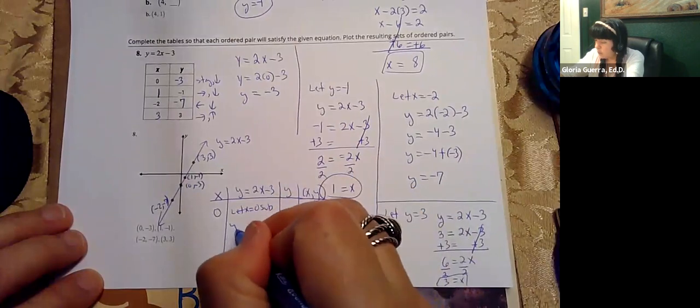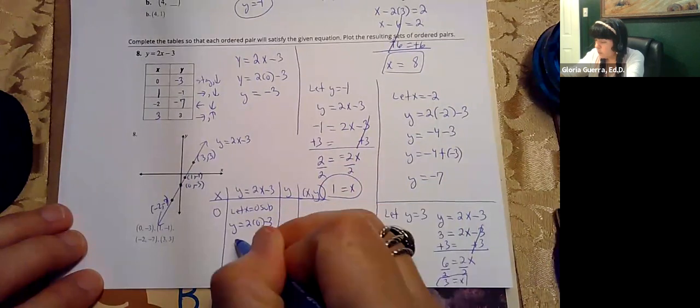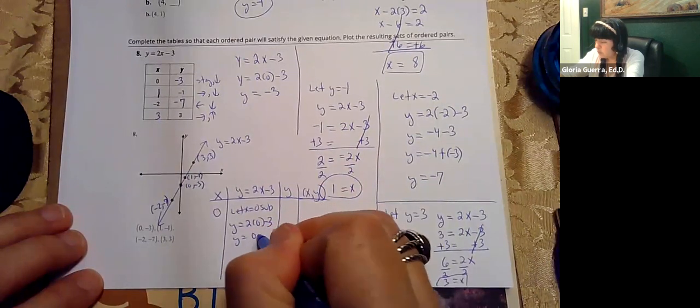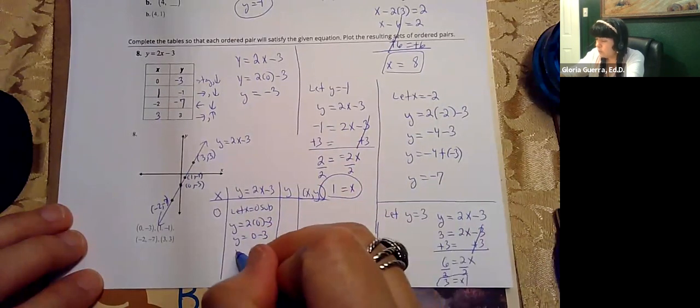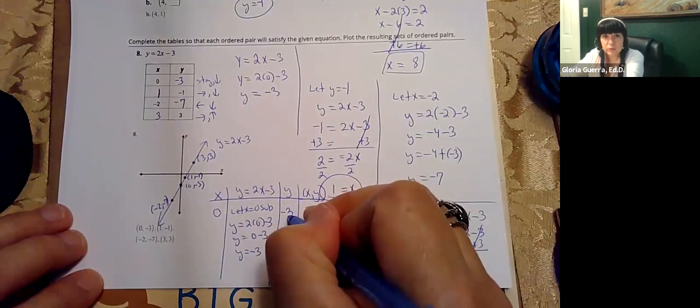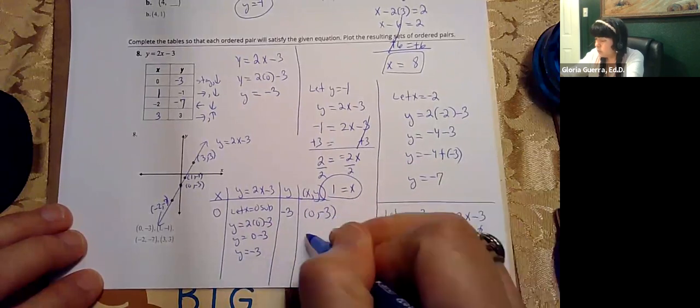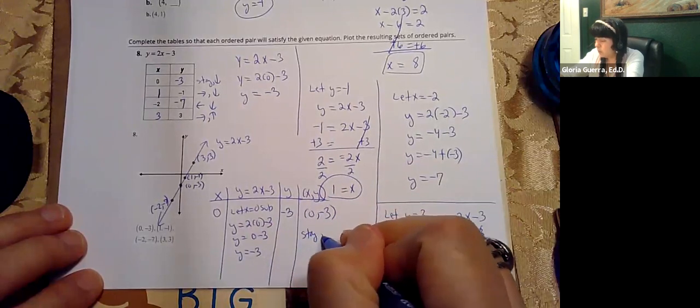So y equals 2 times 0 minus 3. Anything times 0 is 0, minus 3. y equals minus 3. This is 0, -3, which means you stay and then you go down.